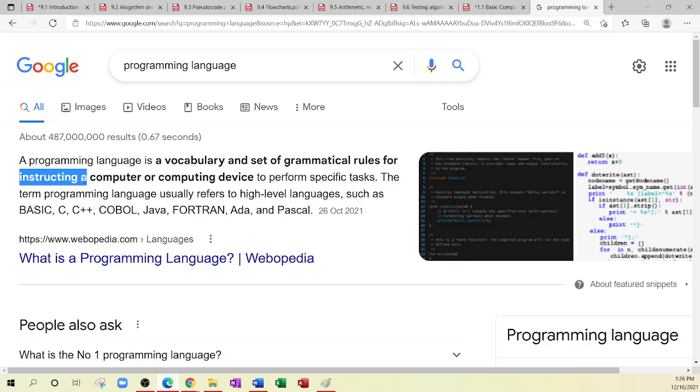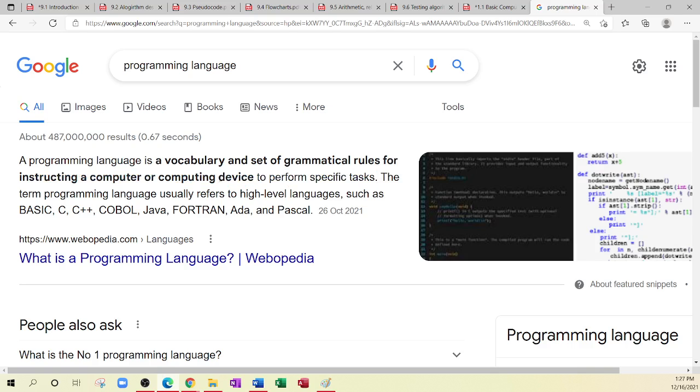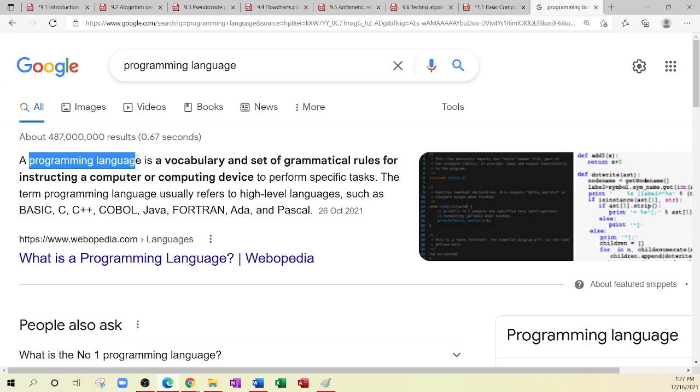As mentioned, it's for instructing a computer or computing device to perform specific tasks. So remember, the software instructs the computer to perform a specific task. So the software is going to be written using a specific programming language. You can think of it, the software could be written in French, it can be written in Spanish, but it will be written in programming languages, and you can see some examples here.